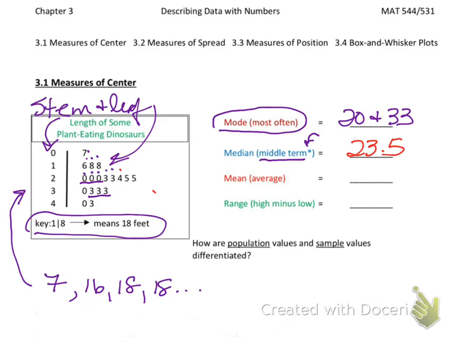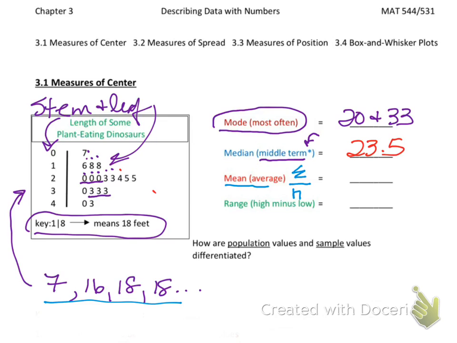Okay, the mean. The mean is the average that you are most accustomed to. You're going to sum all your numbers, and then divide by the number in your sample. So in this situation, you would sum up all of these numbers that I have listed here, and then you would divide by 18.